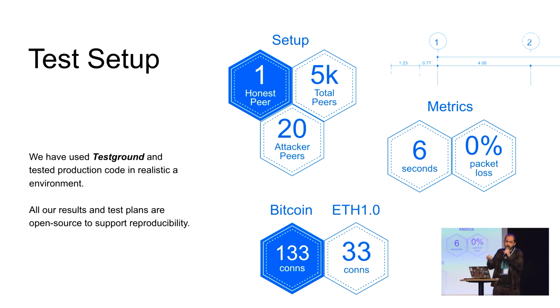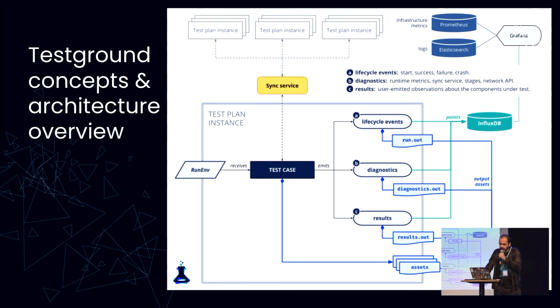So once a block is produced or a message needs to be propagated, they send it directly to 133 peers. And in the Ethereum 1 case, it's square root of something of the network size, I think. Anyway, it's 33 connections, which means that we flood it to 33 peers.